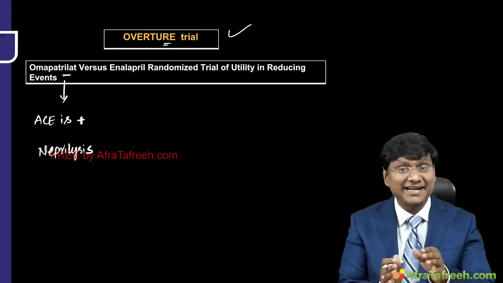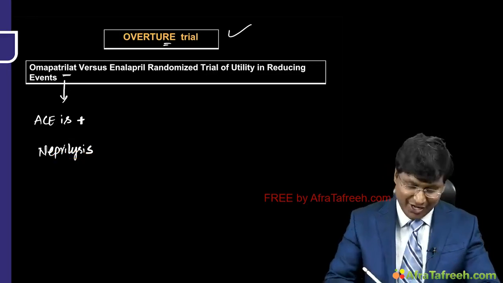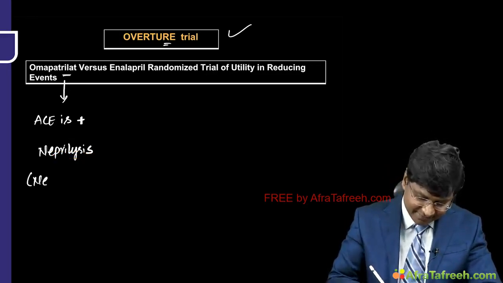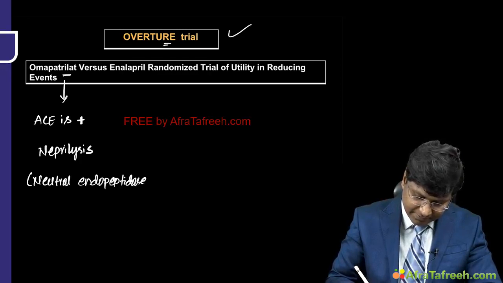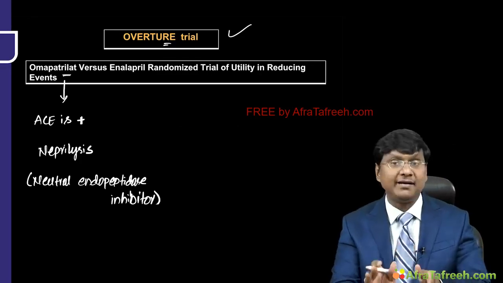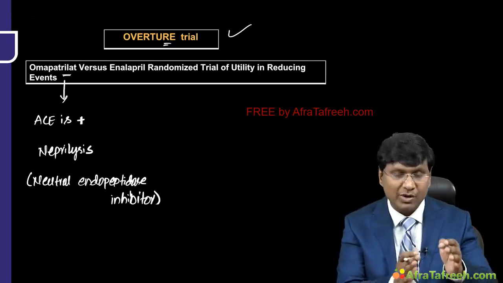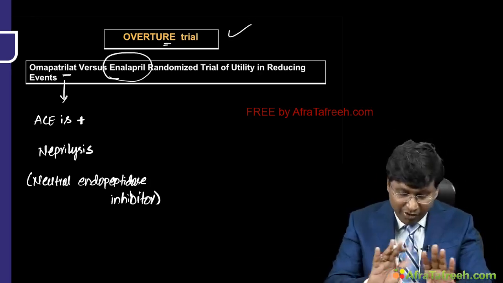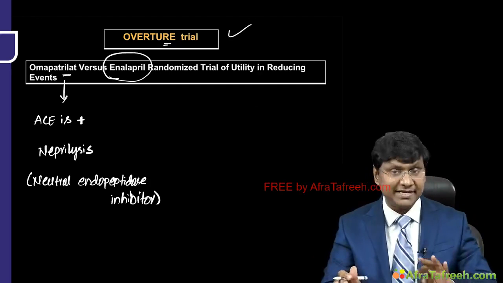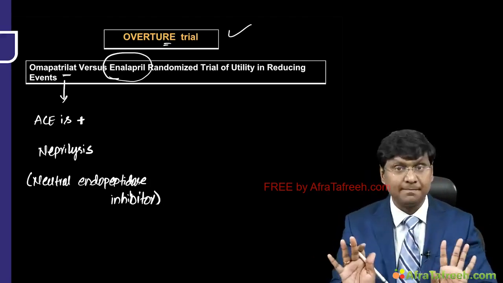ACE inhibitor combined with neutral endopeptidase inhibitor. So this omapatrilat was given in one set of patients, and in another set of patients only enalapril was given, that is the ACE inhibitor, only enalapril was given, that's all.